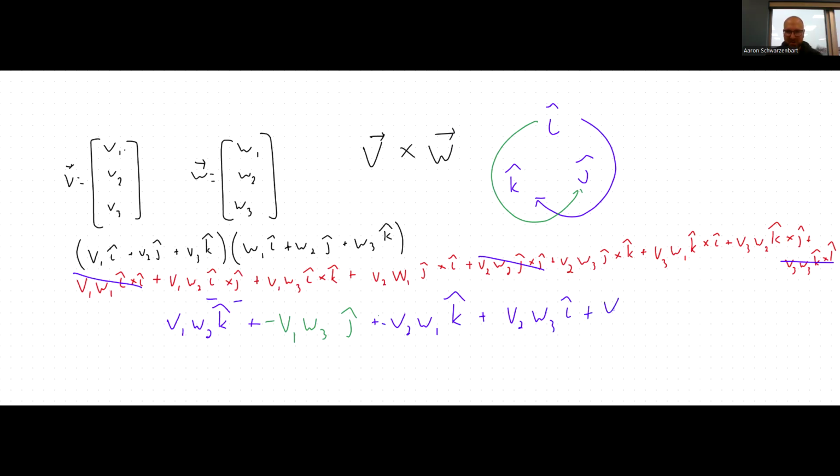V3W1, k cross i is positive j. V3W2, k cross j is negative i.